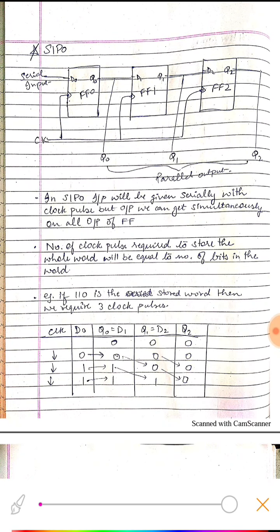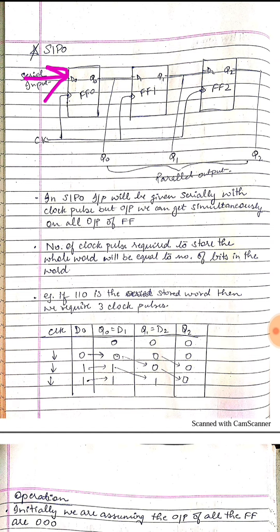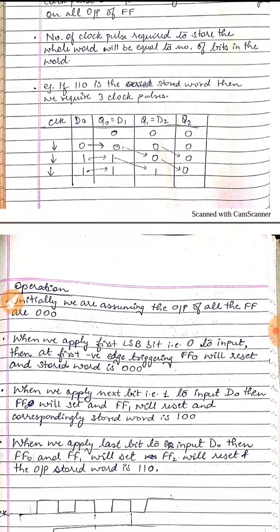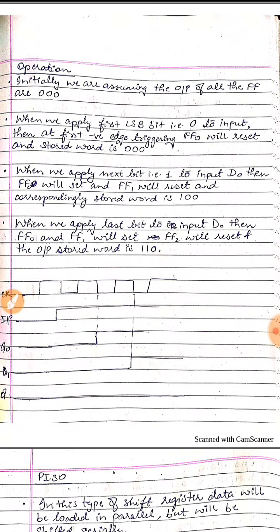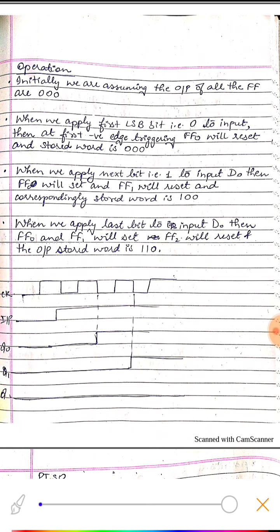This is the diagram. Here we will feed the data serially. Okay, let's see the operation. Initially, let's say all the flip flops have 0 stored in them, so initially we have 000 stored.